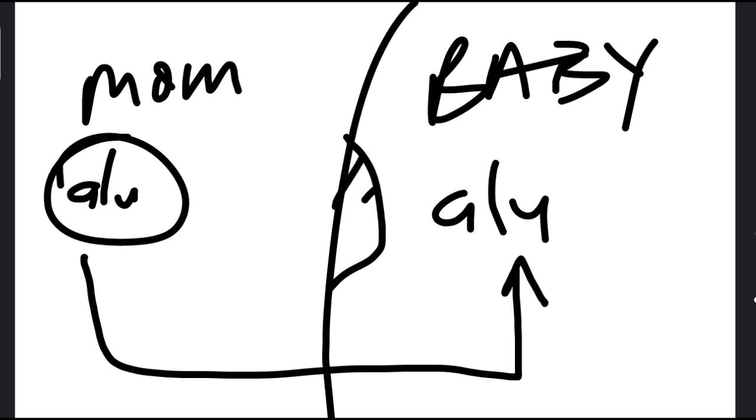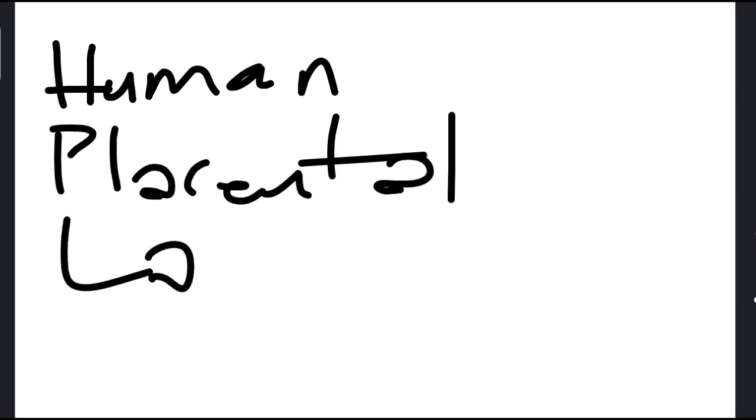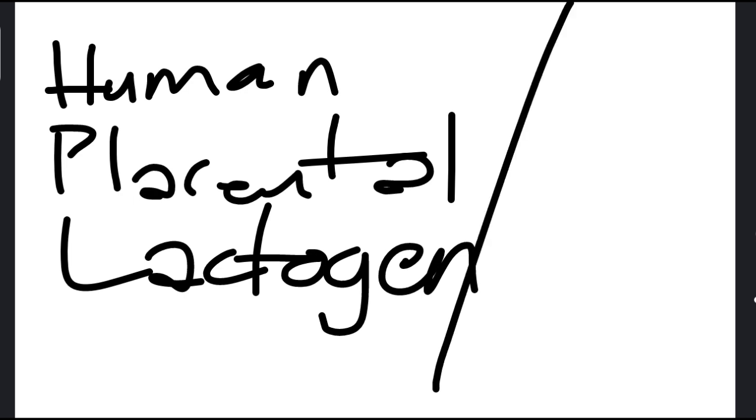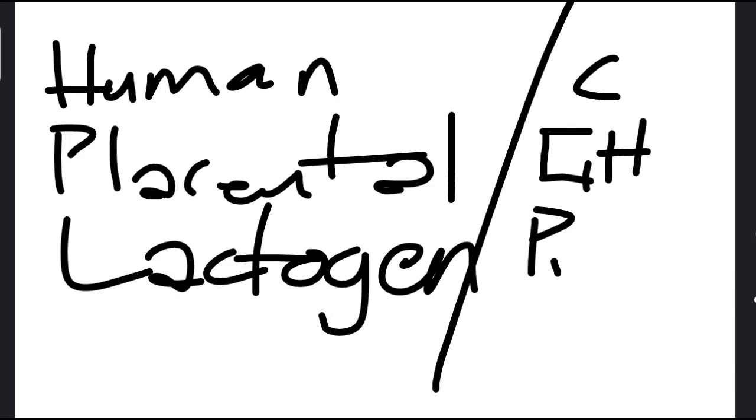So the placenta will produce this hormone known as human placental lactogen. And of course, there'll be other hormones that will be produced during this pregnancy, like your cortisol, your growth hormone, your progesterone, your estrogen.